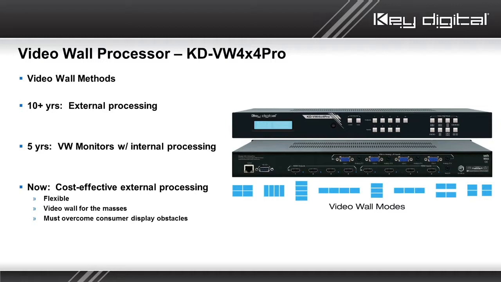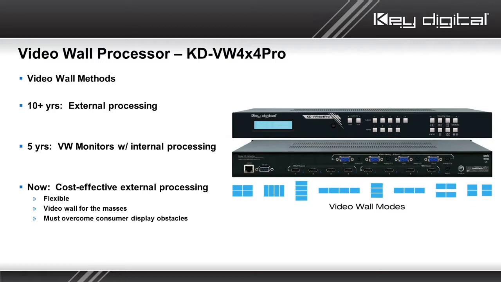So now you're at a time where there are cost-effective external processor options, okay? So going back to the first gen where you had external, but not the cost of a new car, KD-VW4x4 Pro will run you about 1/10 the cost of what you had saw before in our Google searches.